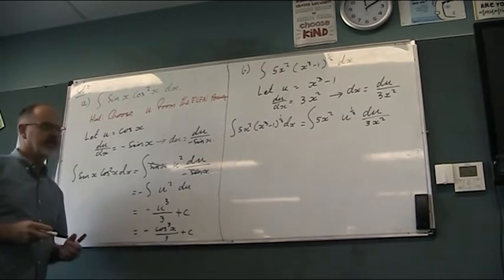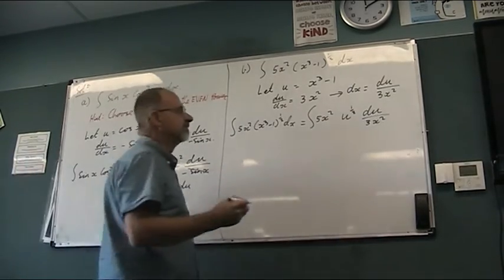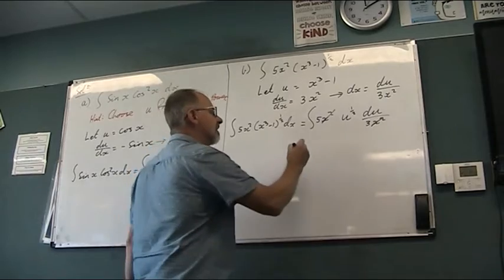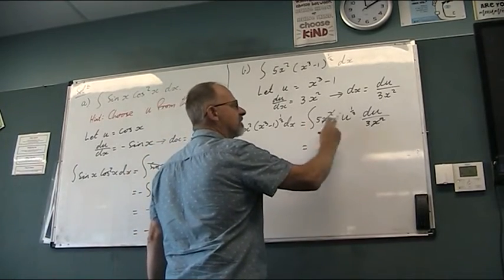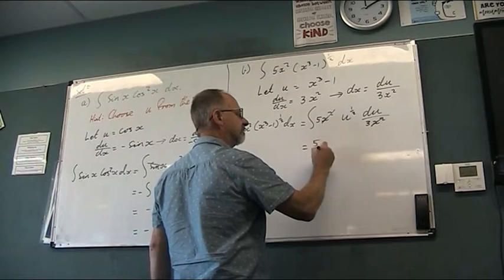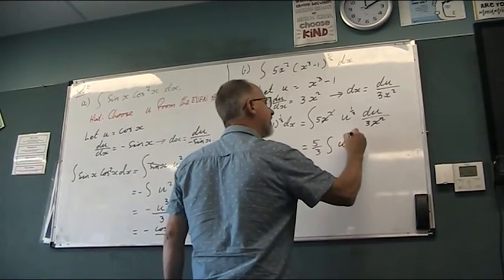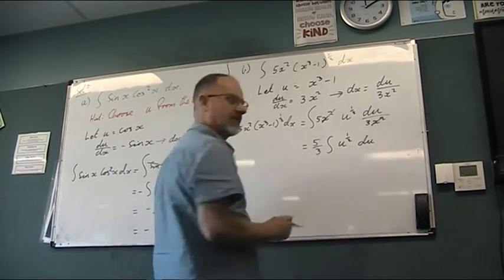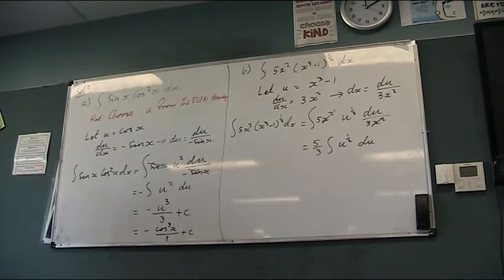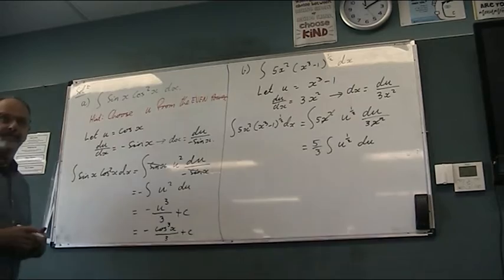Now what do you notice? The x squareds cancel. 5's a constant, the 3's a constant, you can stick them out front. u to the half, du. Yep.